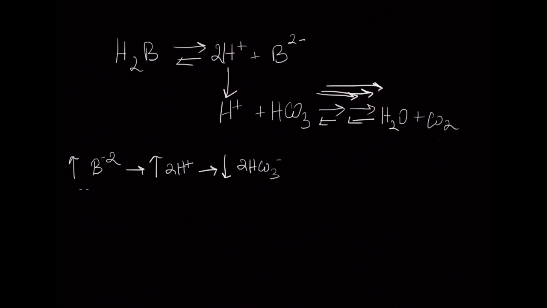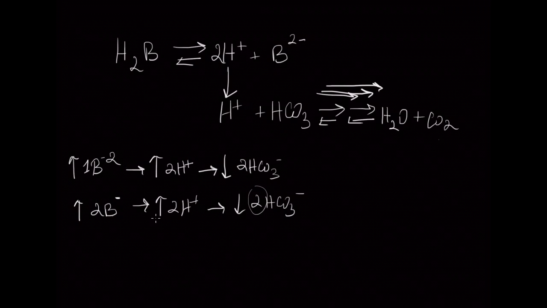Or you could write this formula in this manner. For every 2 anions with a -1 charge, which equals -2, or 1 anion with a -2 charge here, they're both the same in terms of charge. So they're pretty much the same magnitude change in concentration.